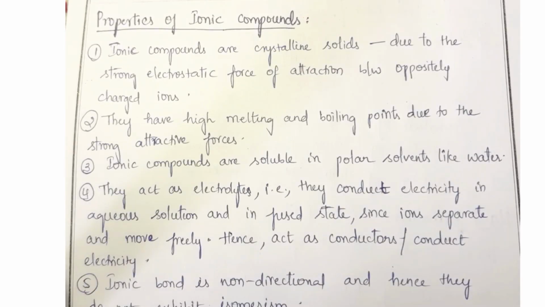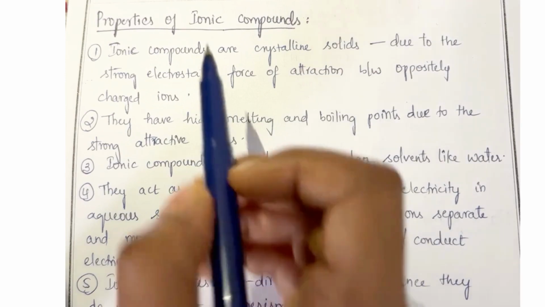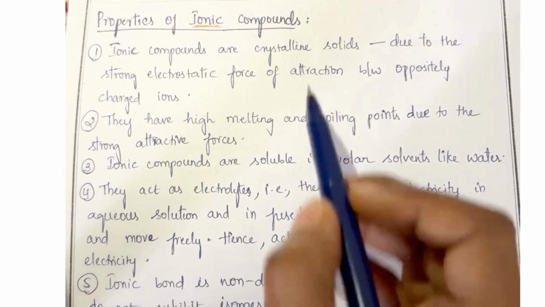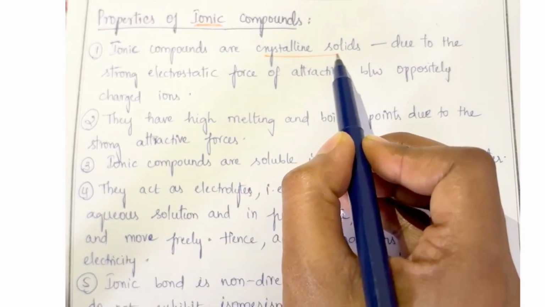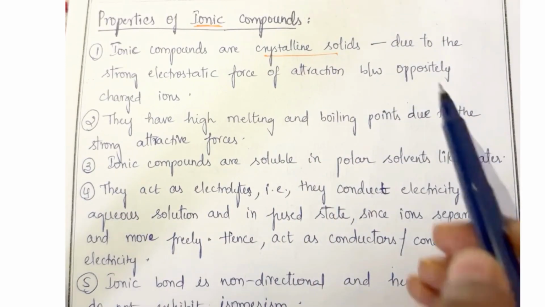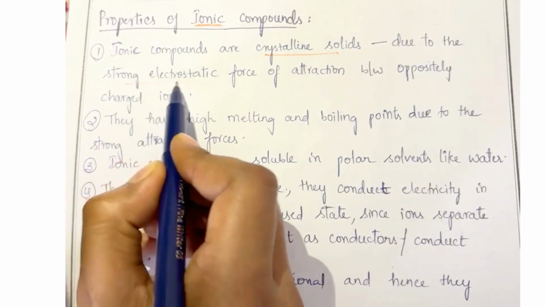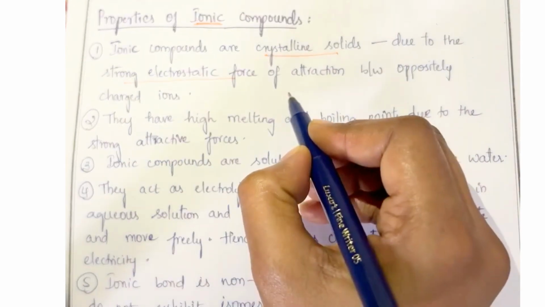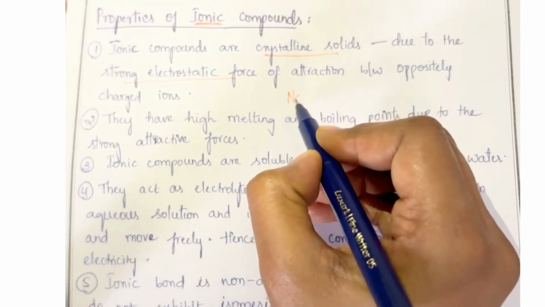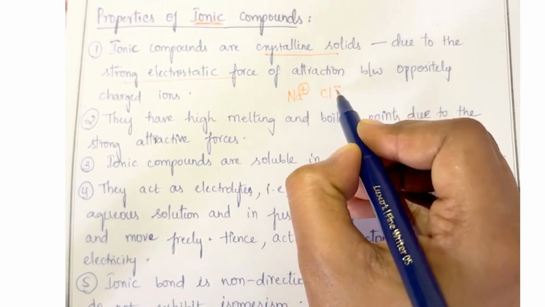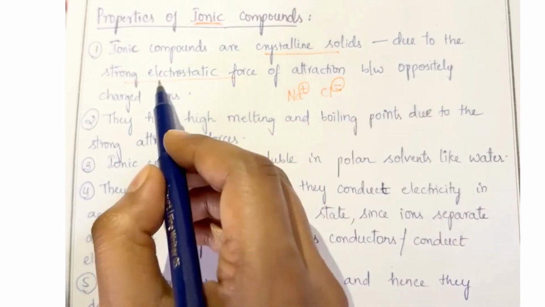Now let us discuss the properties of the compounds which form ionic bonds, that is, ionic compounds. Ionic compounds are generally crystalline solids. They are usually in the form of crystals and hard. This is because of the strong electrostatic forces of attraction. Because we studied that ionic bond is formed between a cation and an anion, between the two oppositely charged particles, the attractive forces are very strong.